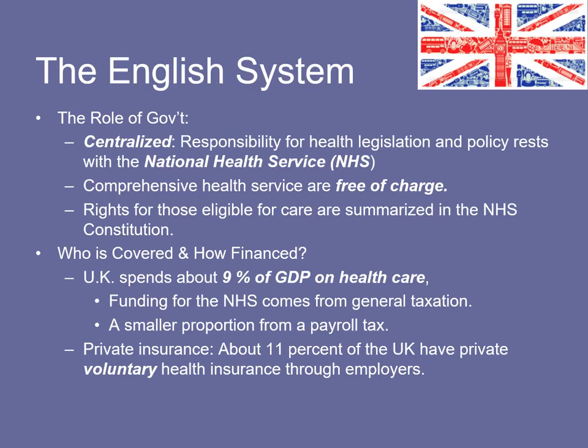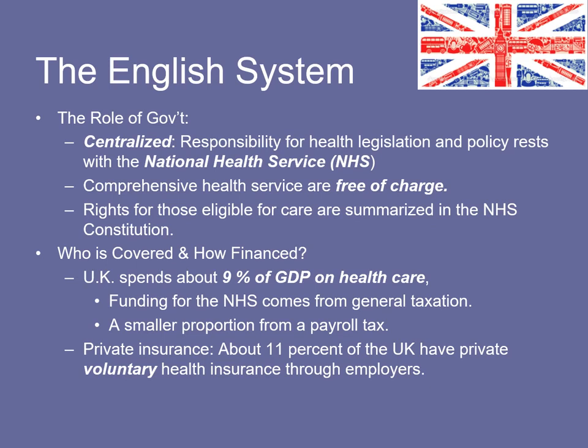The English system is similar to the Canadian system in that health services are provided free of charge to all citizens and legal residents. However, unlike Canada, the English system is much more centralized. Healthcare is financed and regulated by an agency known as the National Health Service. Regarding expenses, the UK spends about 9% of their gross domestic product on healthcare.